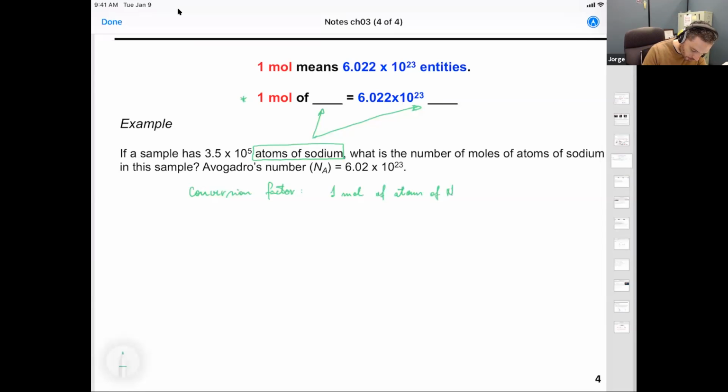Atoms of sodium. So I'm going to represent sodium here by the symbol Na, is equal to 6.022 times 10 to the 23rd.